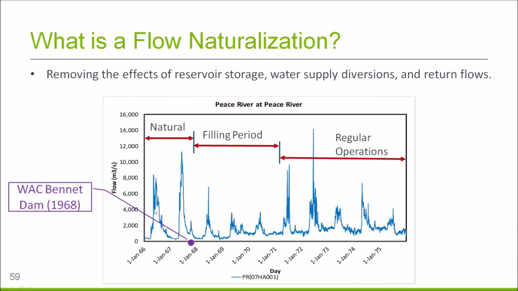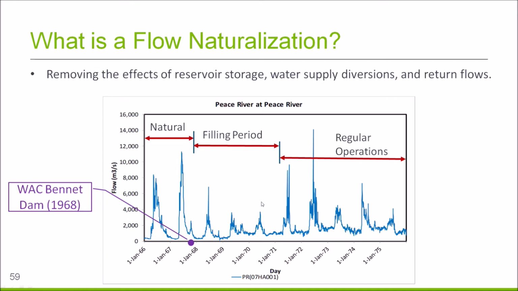Now in 1968 in BC, the WAC Bennett Dam was constructed. When you construct a dam, you start filling the reservoir. You can see there's a filling period from 1968 all the way to late 71, and at this time the flow decreases significantly, right?